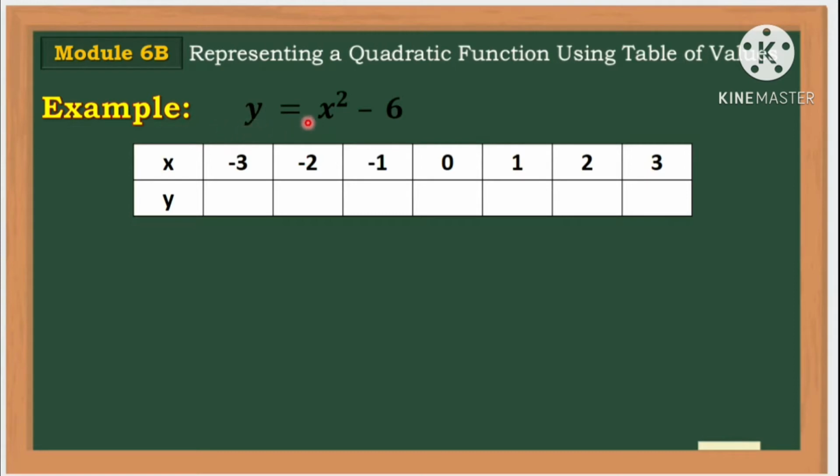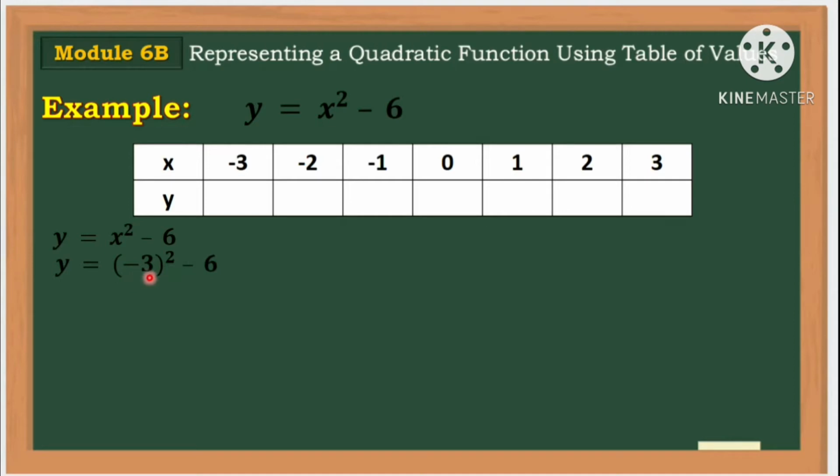Okay? So, let's have a simple example here. We have y is equal to x squared minus 6. So we're going to find the values of y. So we have there the table of values. If x is negative 3, so from the given equation, y is equal to x squared minus 6. If x is negative 3, so ito, negative 3.